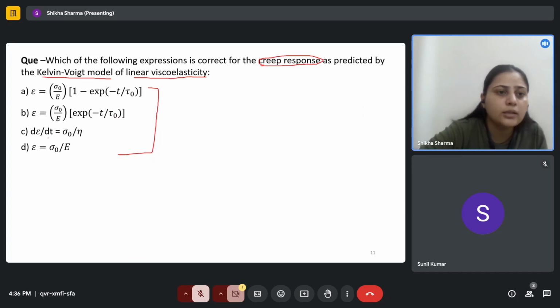Option C says dε/dt, the rate of change of strain with time, is equal to stress divided by viscosity, where eta is viscosity. Option D says strain is equal to stress divided by modulus. So which is correct for the creep response?